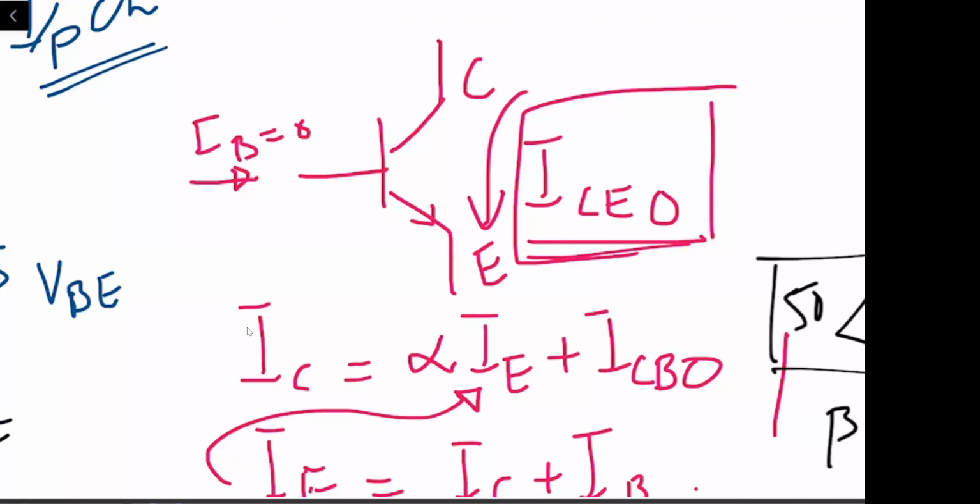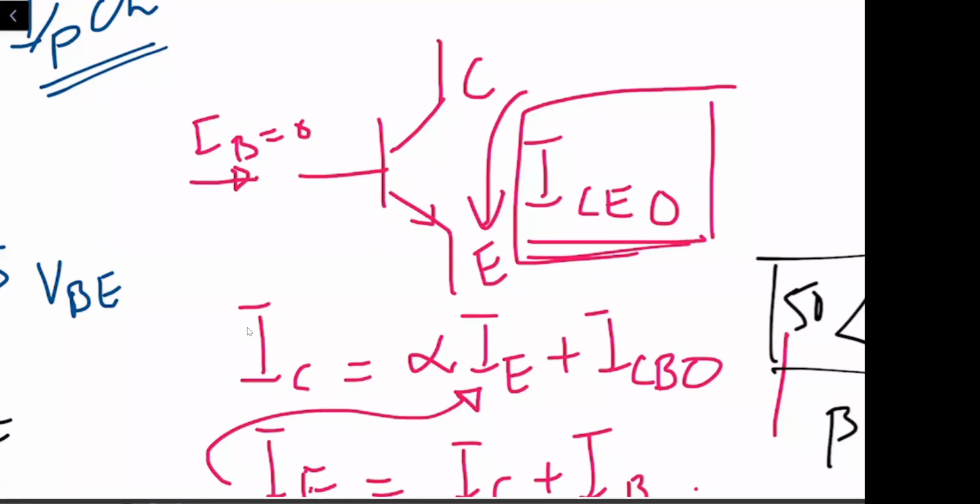When the base emitter junction is not forward biased, there is no current flowing in the base of the circuit, and that condition will be taken as ICEO in the transistor. ICEO means that it is that collector current which is passing through the collector emitter junction when the base is open, right?